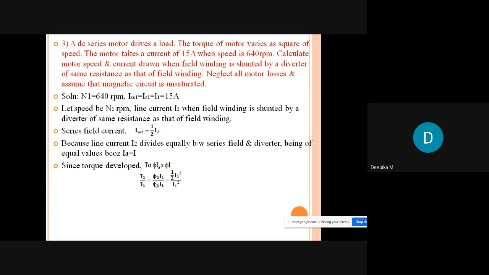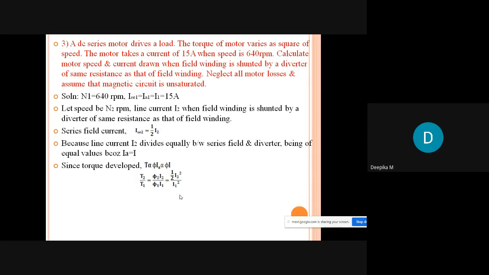Flux is constant over here, hence let us cancel this flux value. And again, I2 is half of I2. Also, they have told that the torque of a motor varies as the square of speed, and as it is the square of speed, we can write it this way, that is half I2 square.